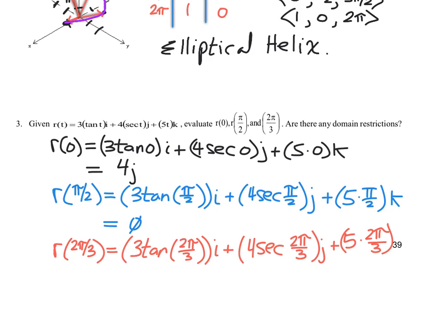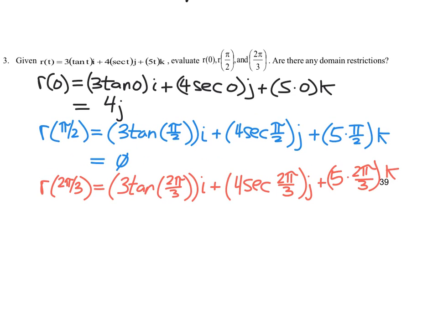Either way, you're going to get it. It's just a question of how many steps in the process. If you know your ratios, then you jump right to the final answers without writing any of these things out. If you don't know the ratios, then you would want to write it out and consider, okay, what is this equivalent to? What is that equivalent to? And so on. Right. 2 pi over 3 is in the second quadrant where tangent is negative.